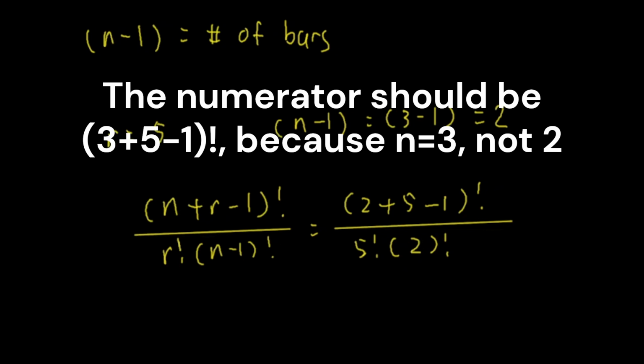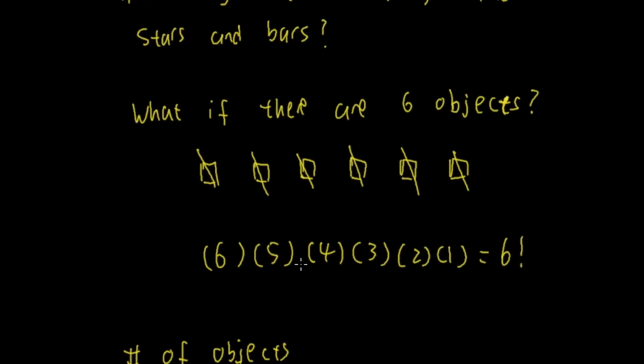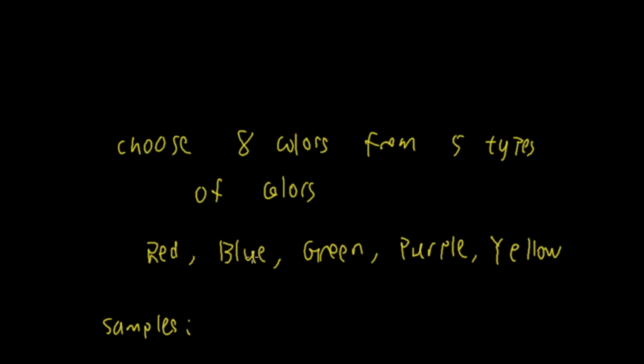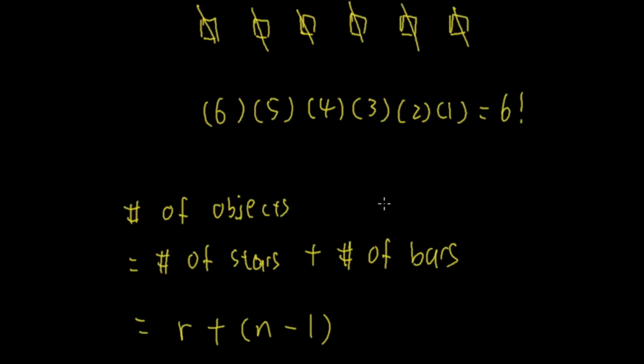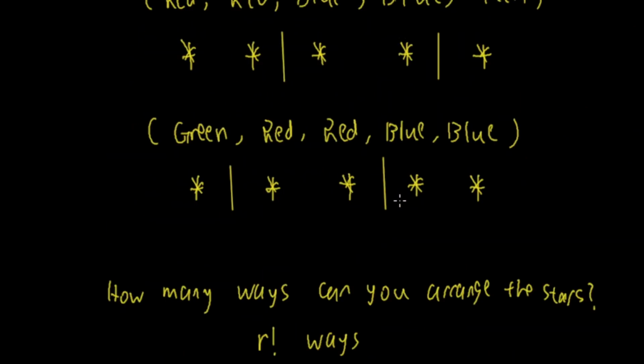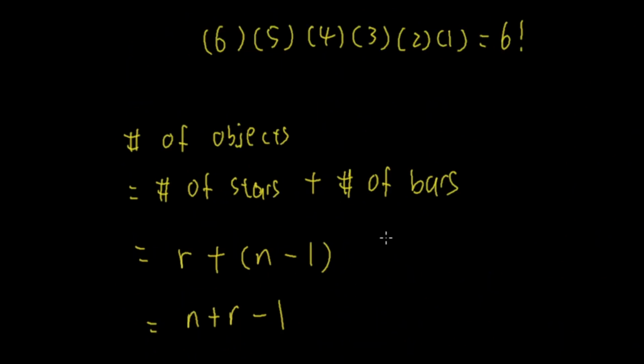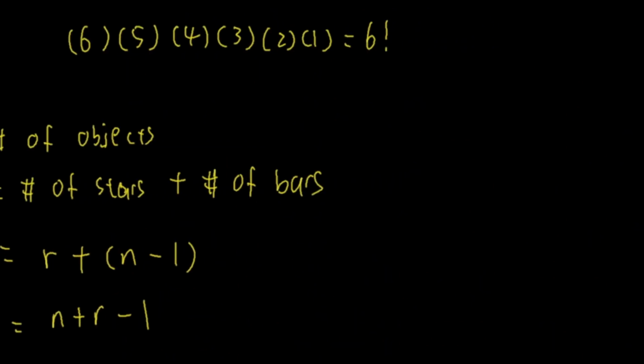Okay, now next, the second example. In this case, right, in the second example here, R is 8 and n is 5, right? So we know that here, let's write here. R is 8, and n minus 1 is 5 minus 1, which is 4, right?